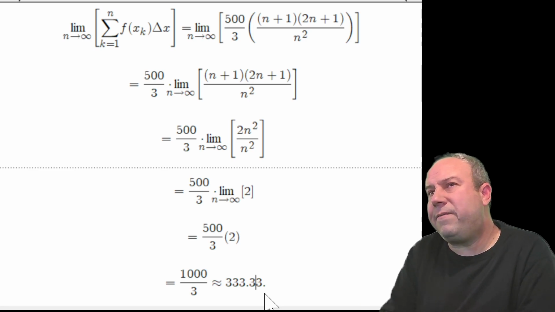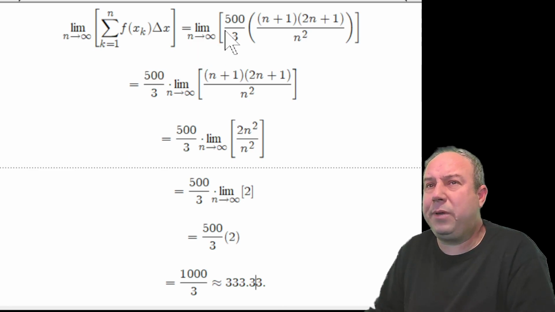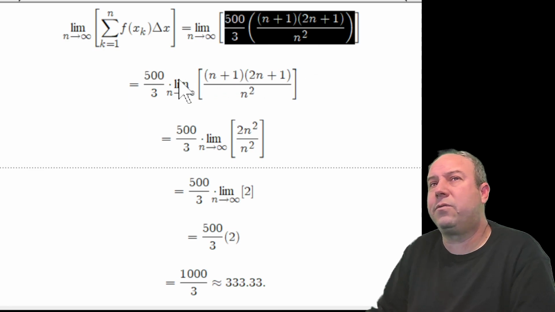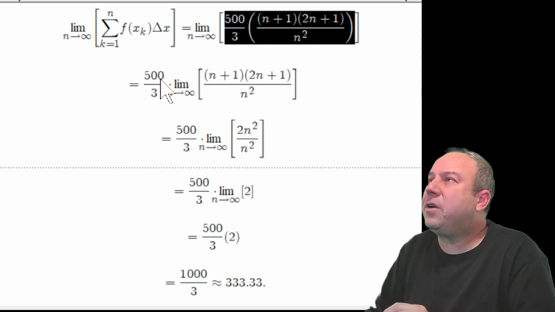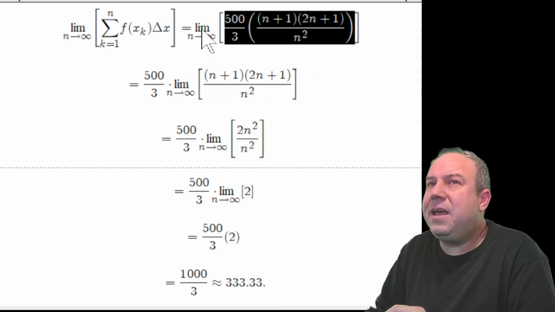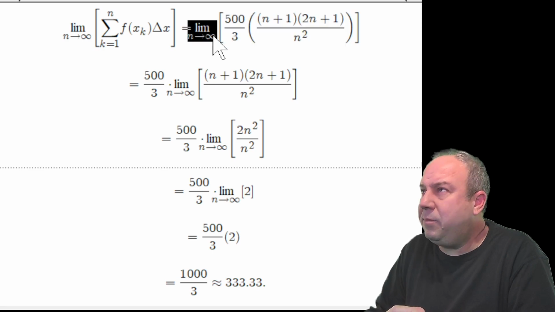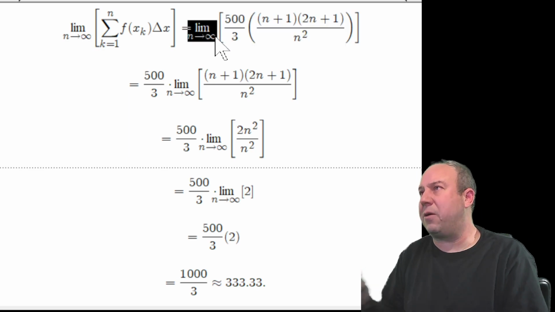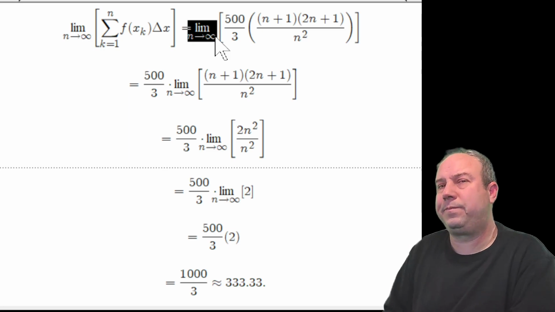And the way that I found that was developing the formulation for the Riemann sum for an arbitrary value of n, and then applying a limit as n heads to infinity to that Riemann sum calculation.